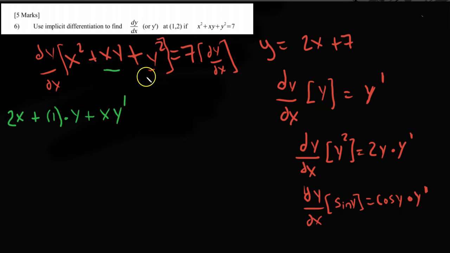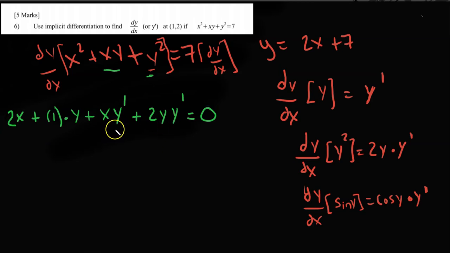That takes care of the second term. Our third term is y squared, so the derivative of that will be 2y, and you tack on that extra y prime. And the derivative of 7 is just the usual 0.